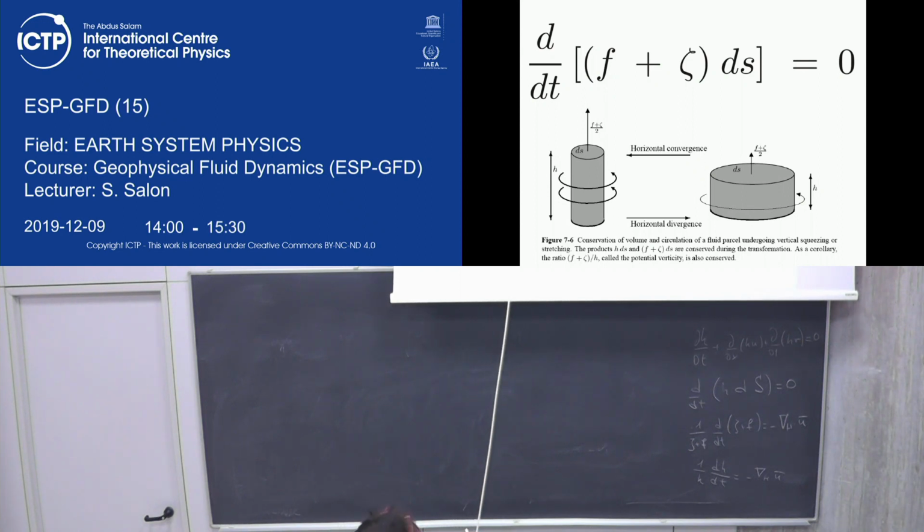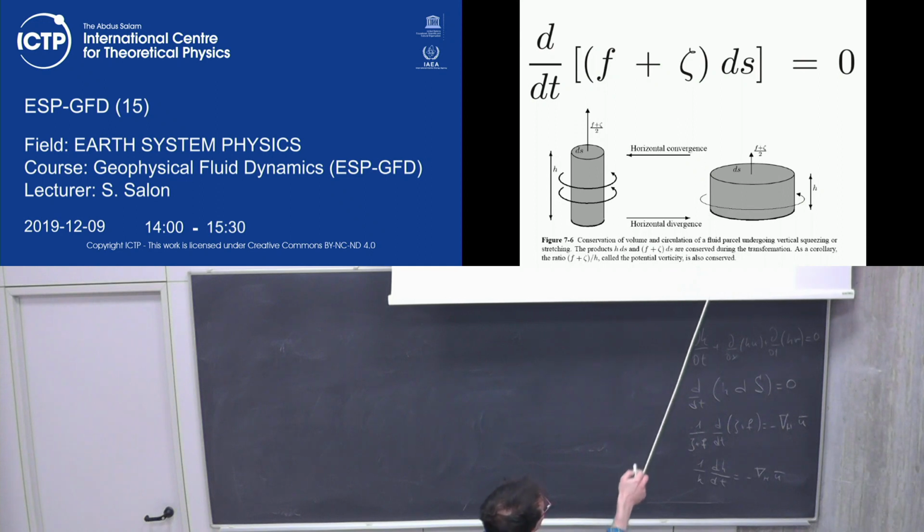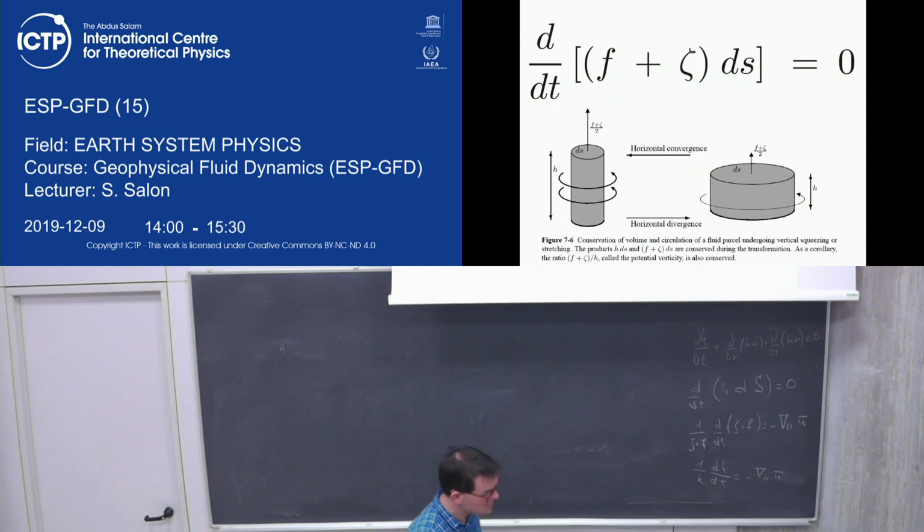So when we have a divergence, it will increase the surface and decrease the vorticity and decrease also the height. So this is intuitive, but we have to find it in the equation.